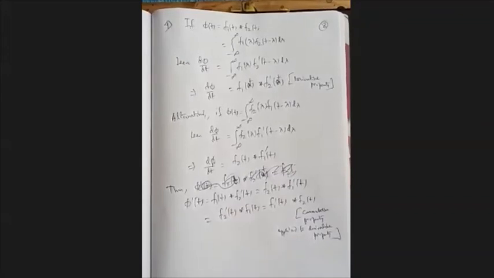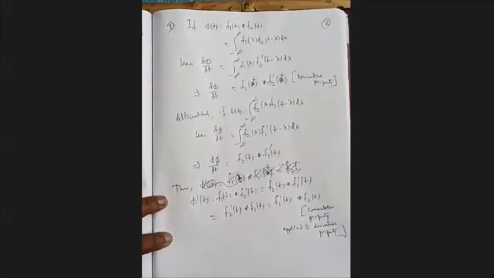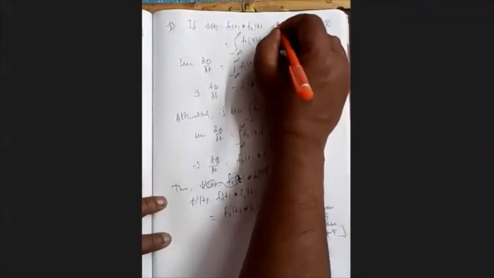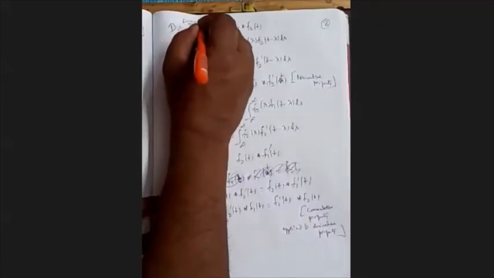The other function will remain the same. That is the important observation. Clear? Next. So that is our derivative property. So better I should write it as the derivative property.